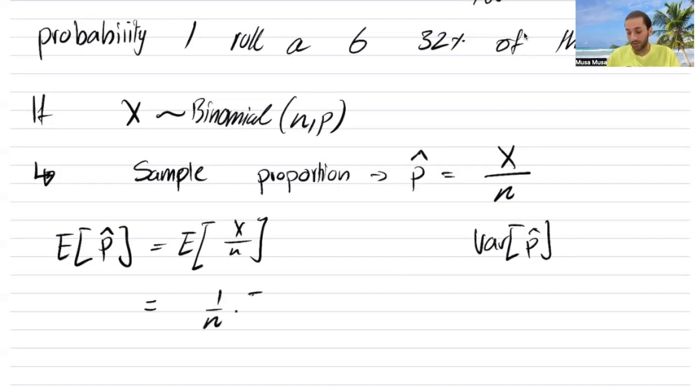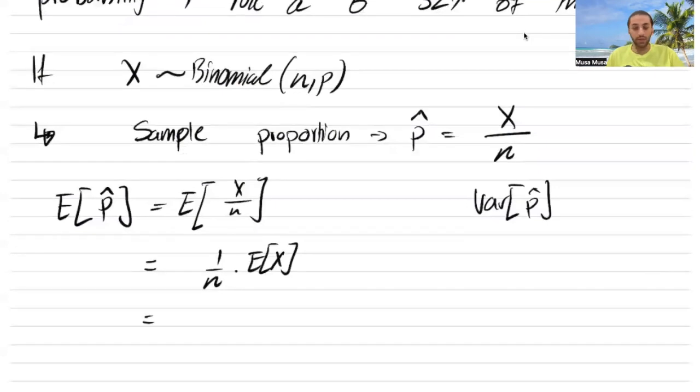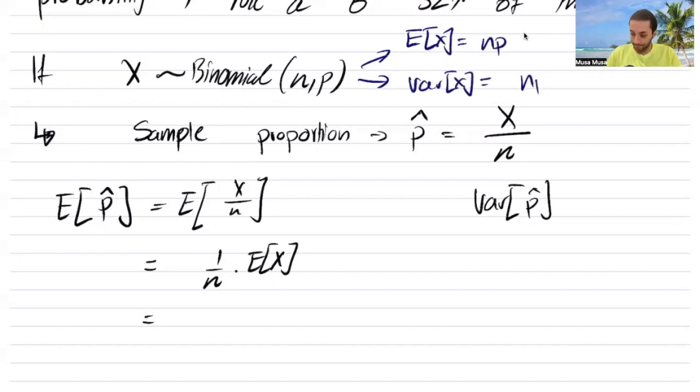You can take it out and it becomes the expected value of X. Now, we know what the expected value of X is from the binomial. It might be worth writing this in. Okay, so it's 1 on n times np, which means the expected value is p.